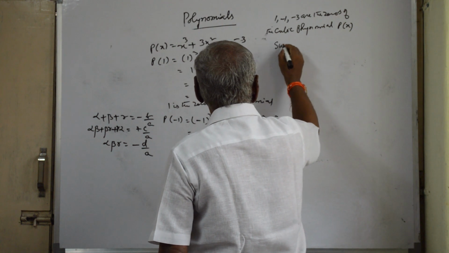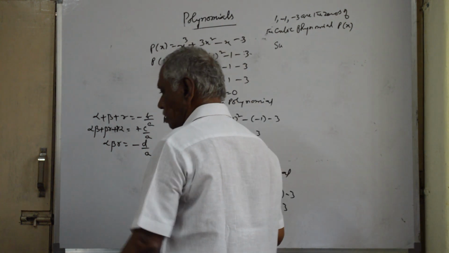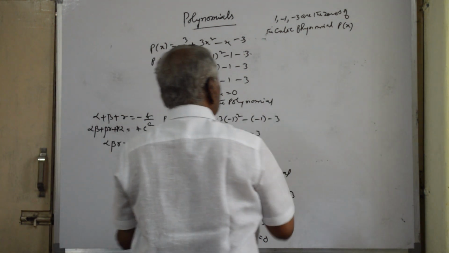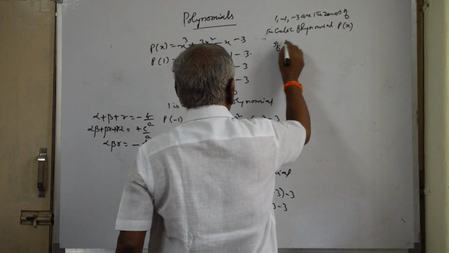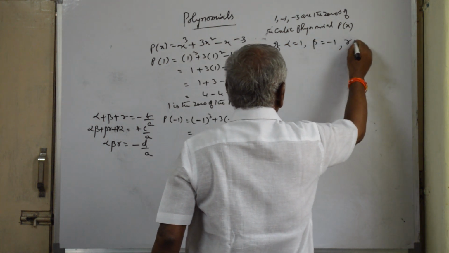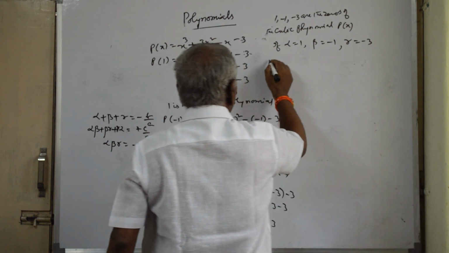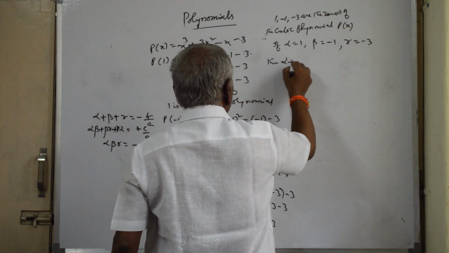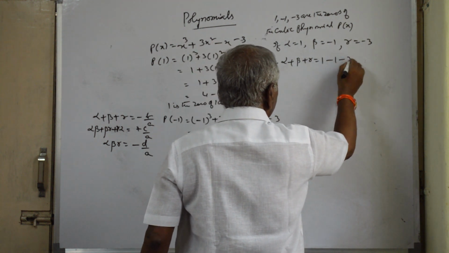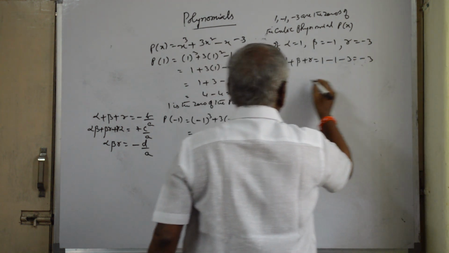Let us take their sum. If alpha, beta, gamma are the zeros, if alpha is equal to 1, beta is equal to minus 1, gamma is equal to minus 3, then alpha plus beta plus gamma is equal to 1 minus 1 minus 3, which is equal to minus 3.